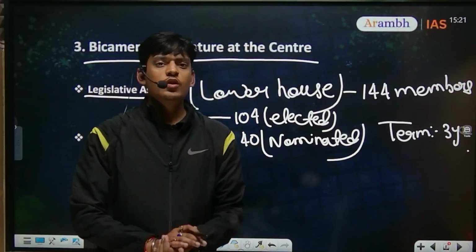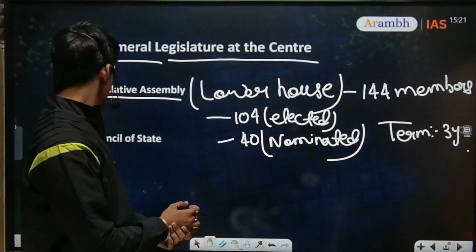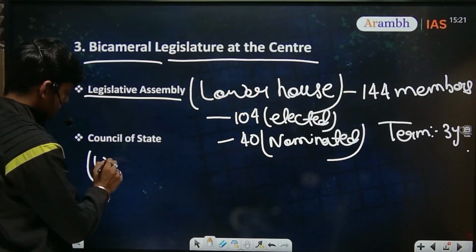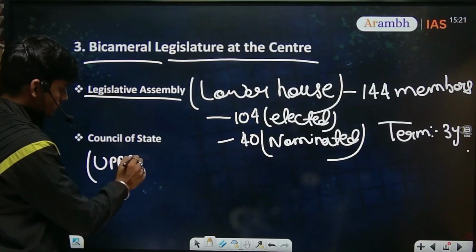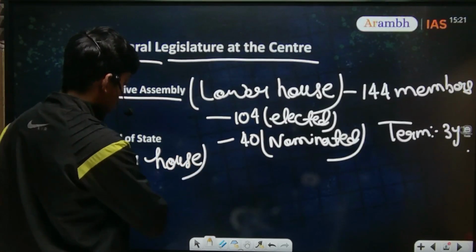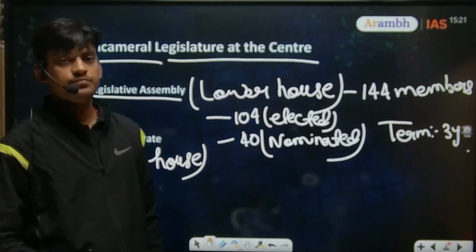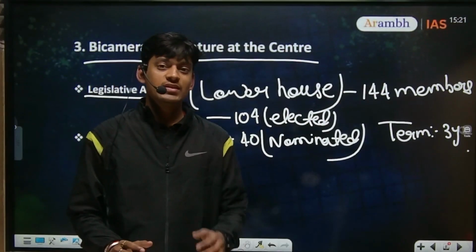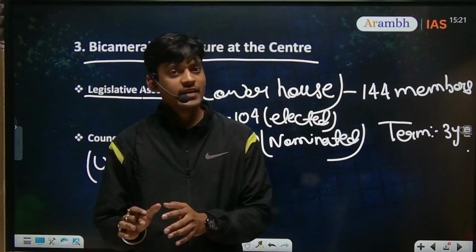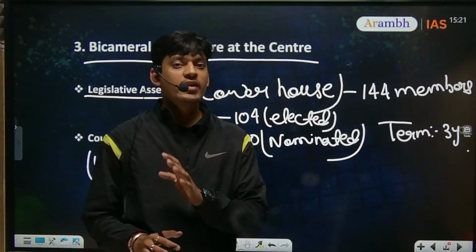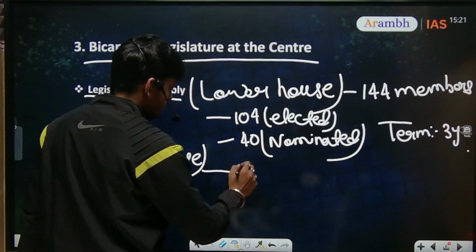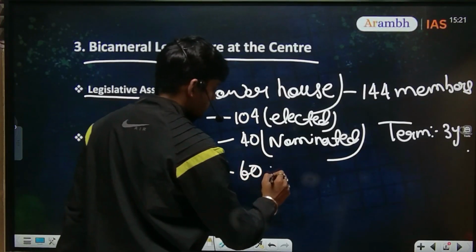Now, the Council of State, also called the Upper House. Understood? In the Upper House, there are 60 members. Of the 60 members, 34 are elected and 26 are nominated.